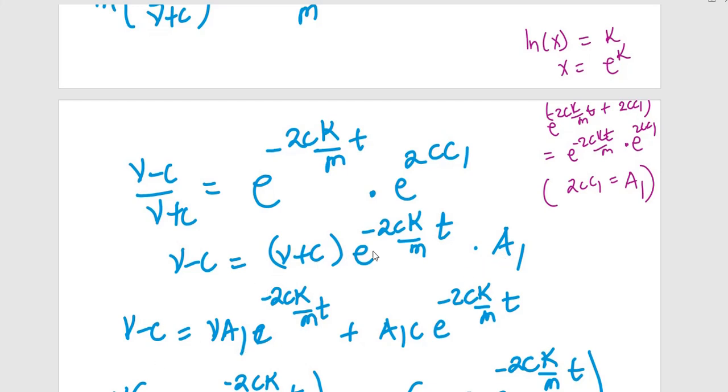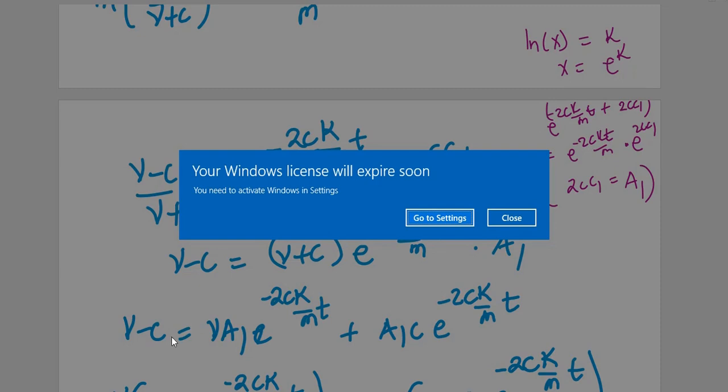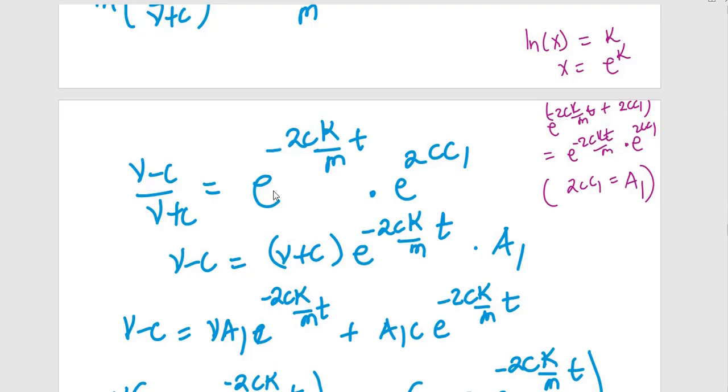Therefore, if I open the brackets here, v minus c is equal to v times this times a1, so it will be v a1 exponential of negative 2c kt out of m plus a1 c exponential of negative 2c kt divided by m.